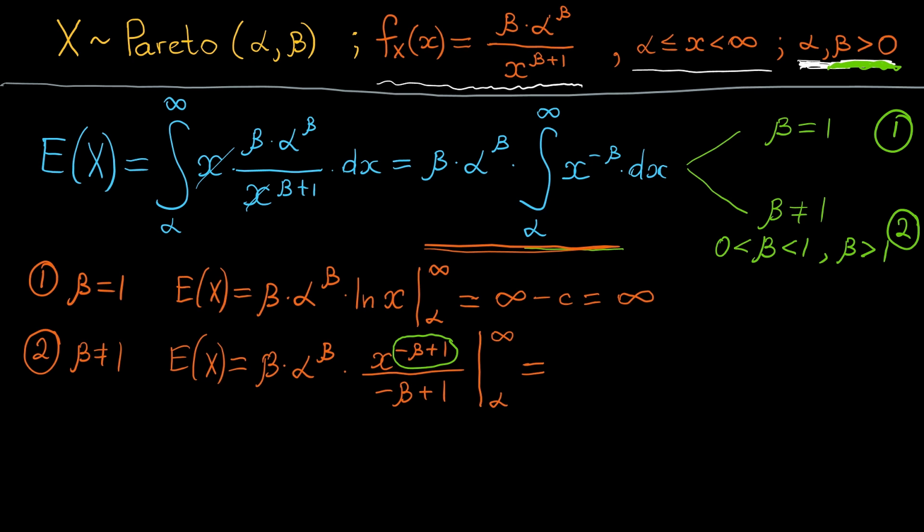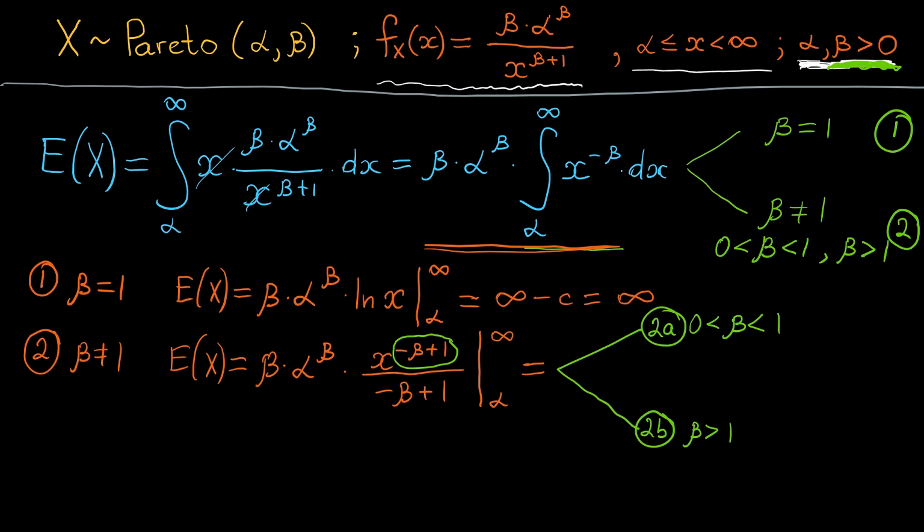So we see then that we need to further split here into two cases. So case 2a and case 2b. In case 2a, we'll look at beta strictly between 0 and 1. In case 2b, beta strictly greater than 1. And again, the reason we do that is because that exponent will change signs, and we need to know what sign it has.